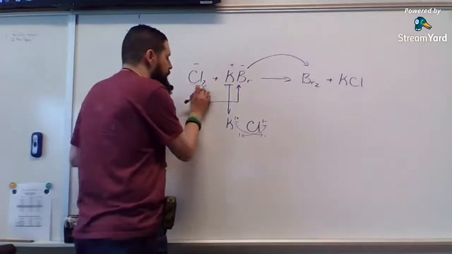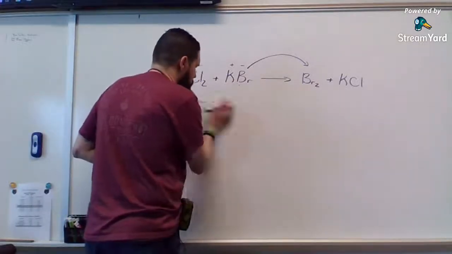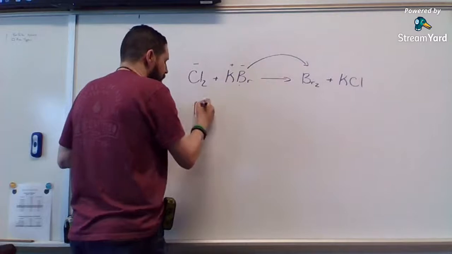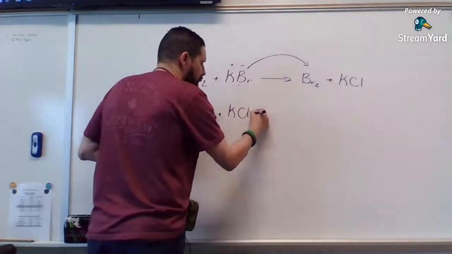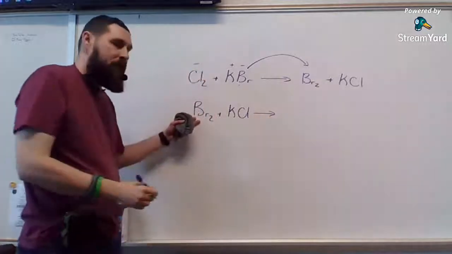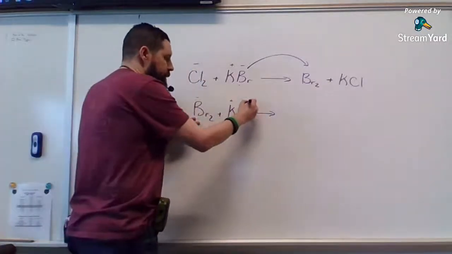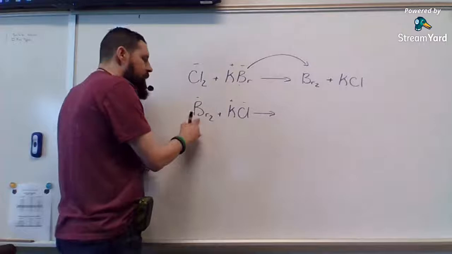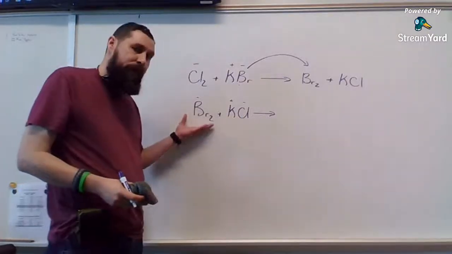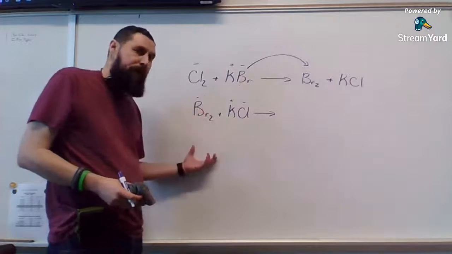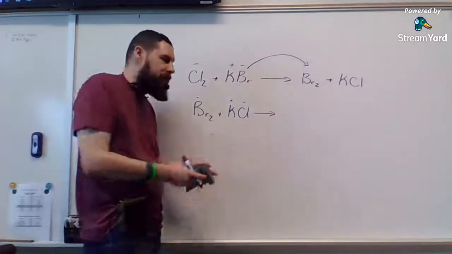Okay? The reverse of this, just to give you this idea, if I now took bromine and tried to react with potassium chloride, bromine being negative, chlorine being negative, bromine would want to try to displace chlorine, but because bromine is lower on the periodic table, it can't.